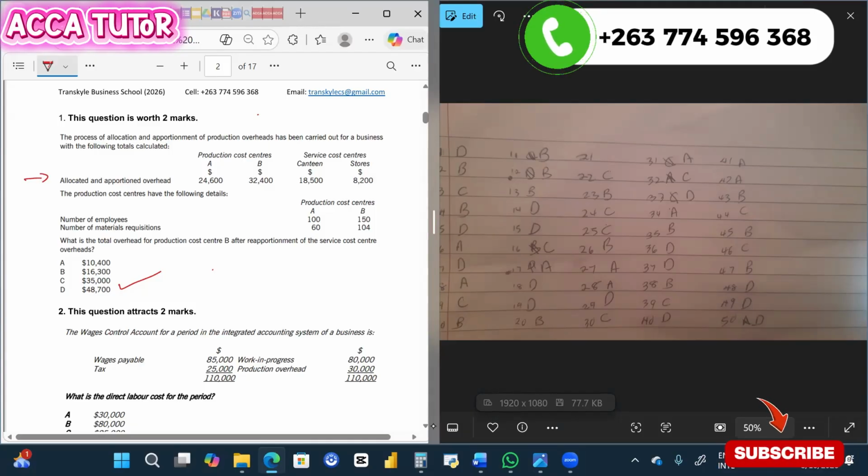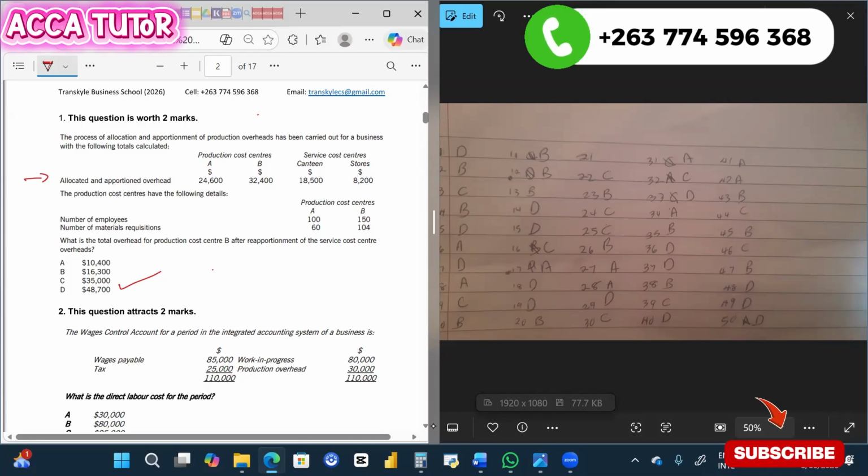The production cost centers have the following details: number of employees in production center A, 100, center B, 150.